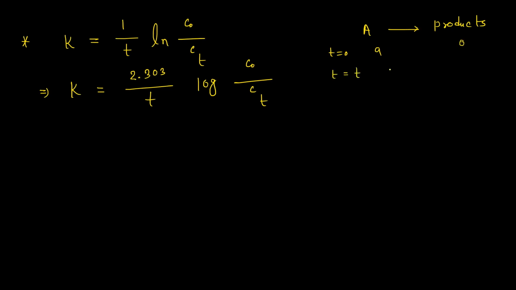After time T, the concentration will be A minus X, and the concentration of products is X. So we can write rate constant K is equal to 2.303 by T log, initial concentration is A, and the remaining concentration is A minus X. We can also remember this expression for finding the rate constant for a first order reaction.